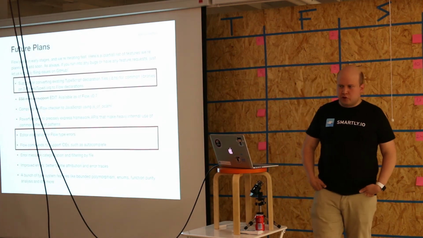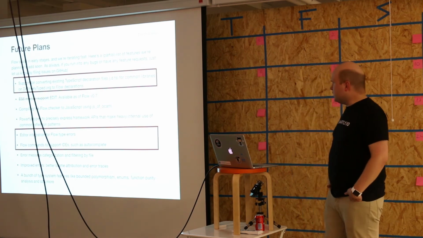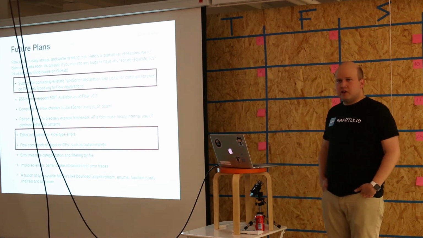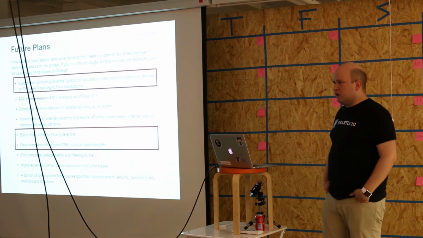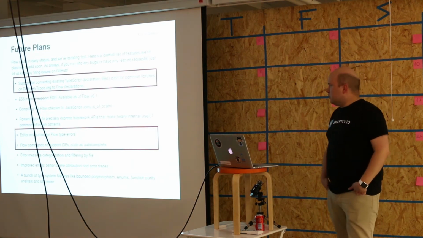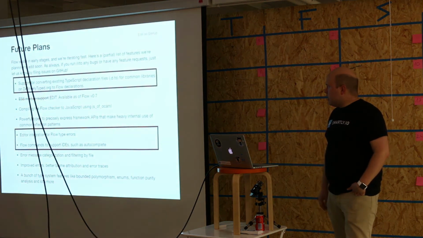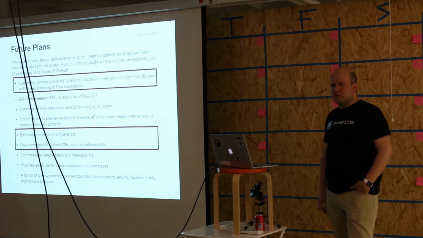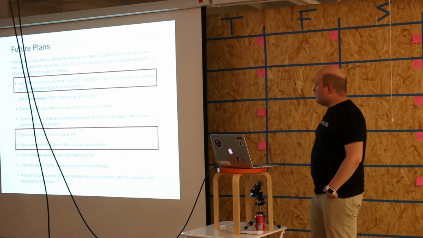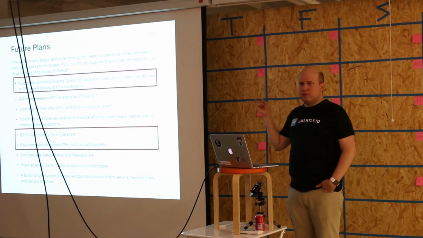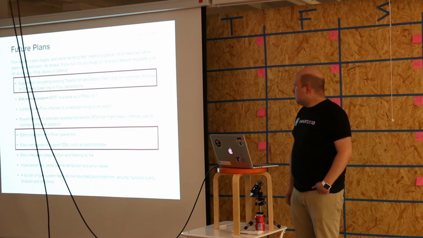Looking at Flow's future plans, there's a bunch of things they're planning to do, and here you can see that many of the pretty essential things are still a bit lacking. For example, it doesn't support the DefinitelyTyped definition files, which is a big problem because if you want to use it with many of the libraries, this is a great way to get started really fast.